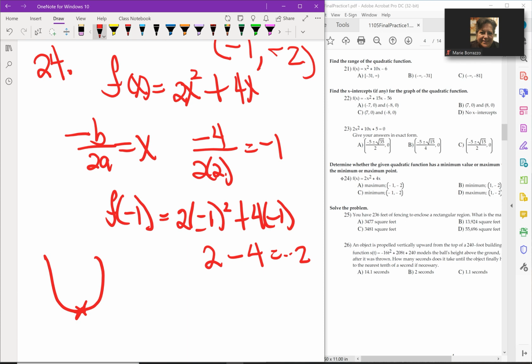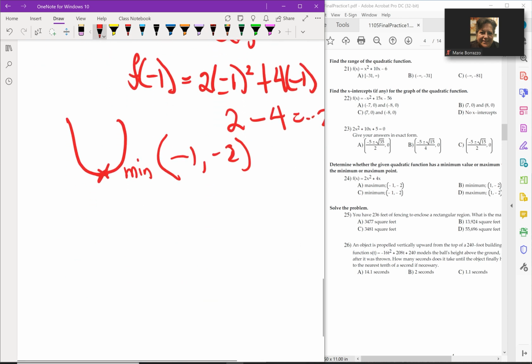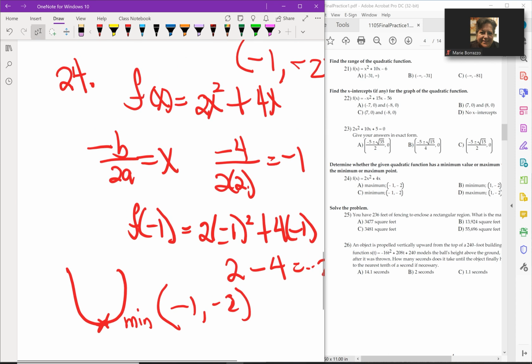Just verifying. It looks like the answer choice should be C. It's a minimum, with a vertex of negative 1, negative 2. And we proved it. So that's number 24.